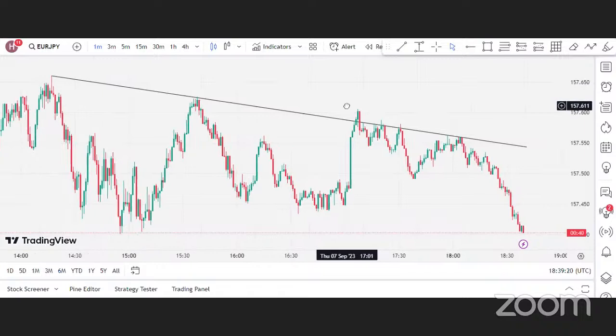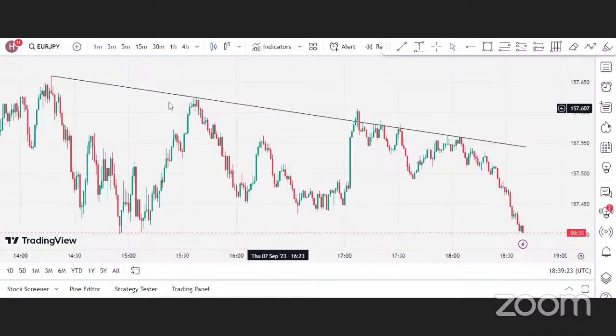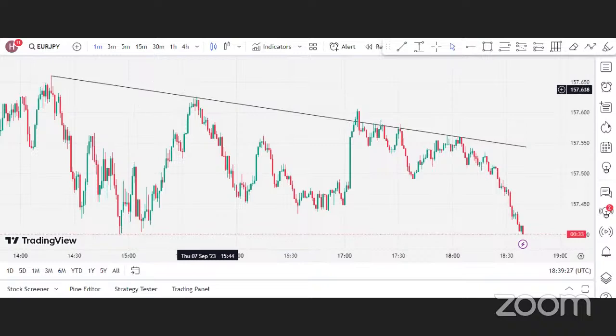So you can make your analysis on the 1 minute time frame also, but the problem is the 1 minute time frame is always difficult. What I mean by difficult is the movement of the market is very fast.